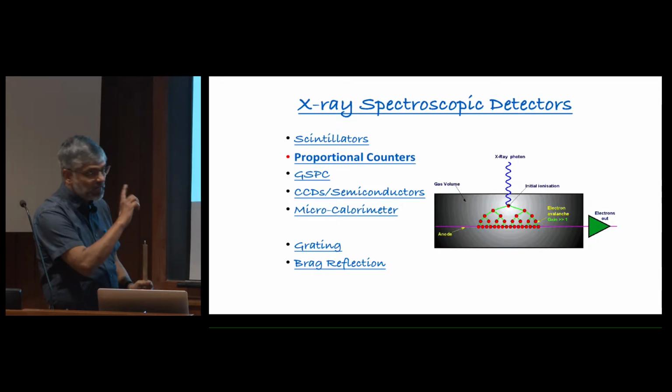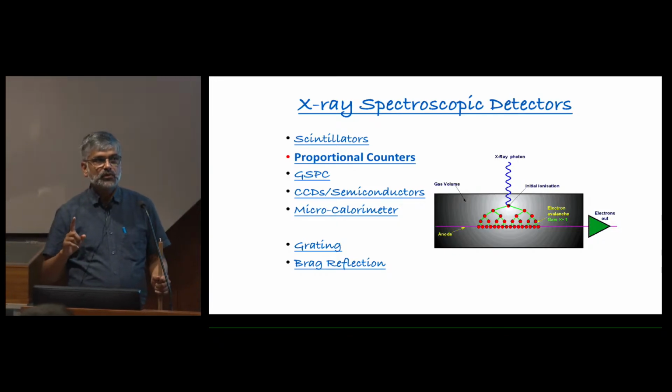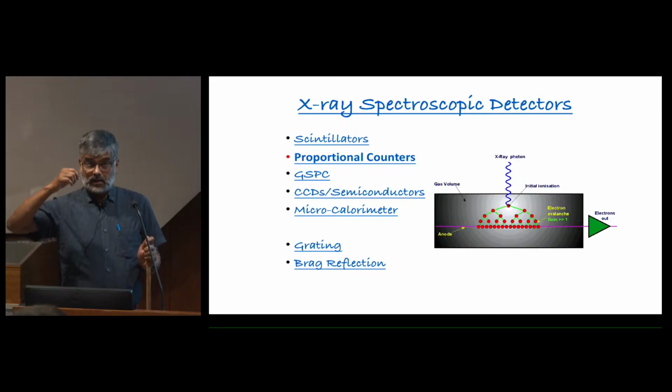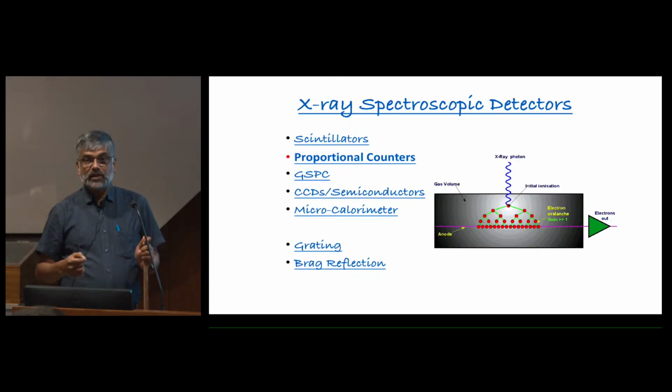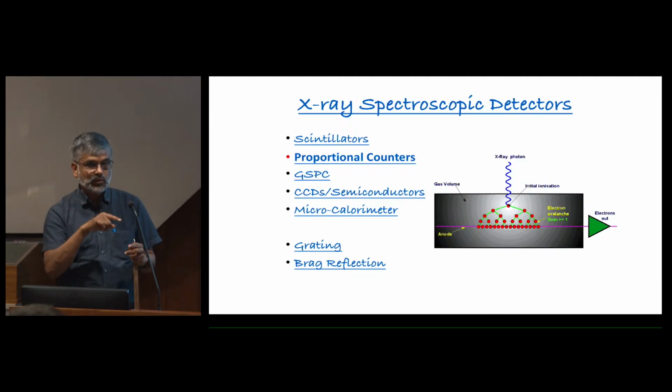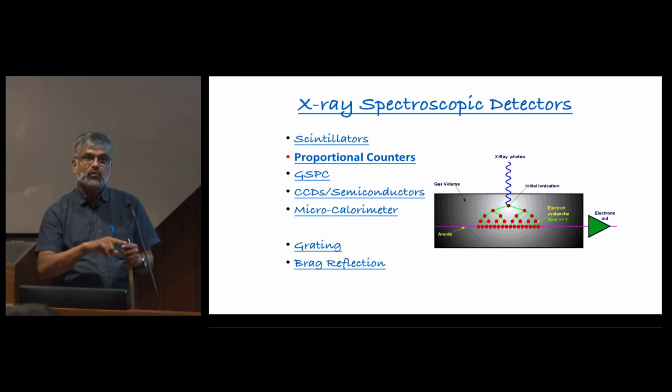Re-emission, fluorescence. So, for many of the X-ray detectors, one issue you need to keep in mind is the entire energy may not get absorbed in the detector, because most of these X-ray photons are getting absorbed by what is called the photoelectric process. So, a K shell electron is knocked out, and the K shell has the largest photoelectric cross section. So, most likely it will be knocking out a K shell electron. Then there will be a fluorescence emission.